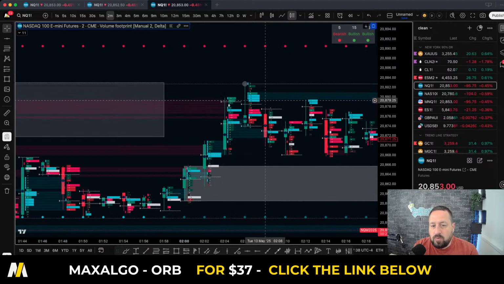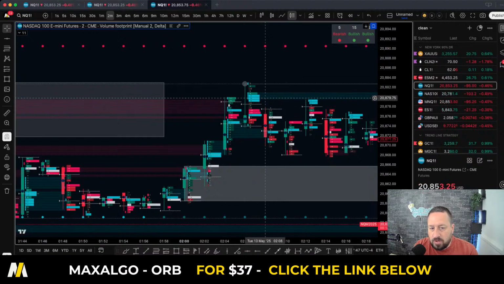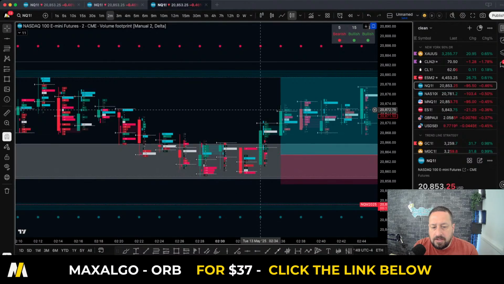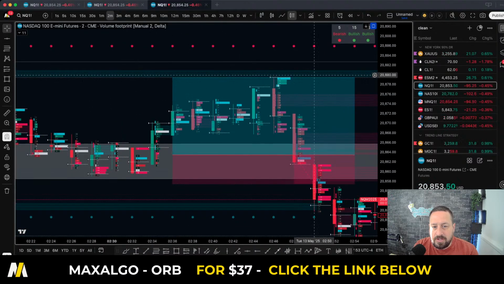However, there was an imbalance of buyers to sellers at this point on the footprint chart, which was 400%. So when I was looking to take this trade, that's where I was looking to target. So I had my target there.